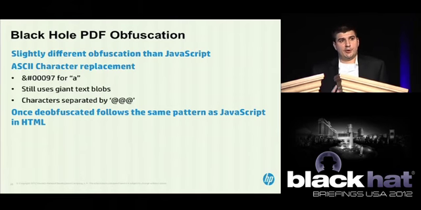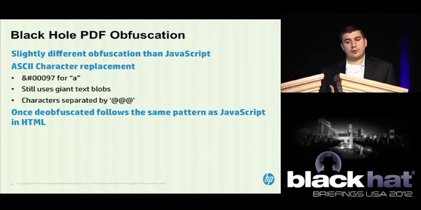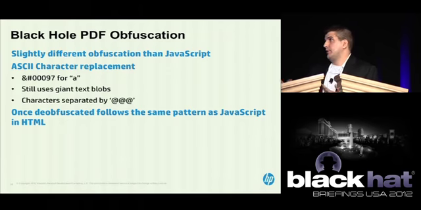They do a lot of ASCII character replacement in PDFs because the PDF document parsers will just straight turn something like ampersand pound 00097 into an A, but they still will use either giant text blobs or arrays, and then they'll have multiple character separators, like three @ signs, but then they'll do an ASCII character replace for the first @ sign. They'll leave the middle @ sign in there, and then do another ASCII character replace on the last @ sign.